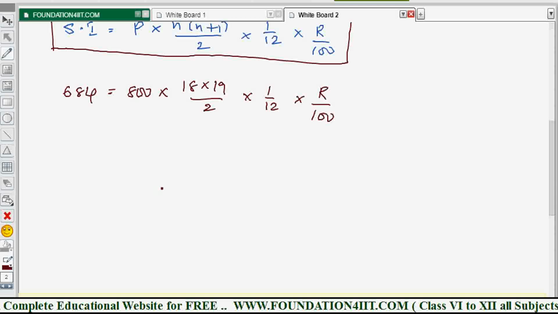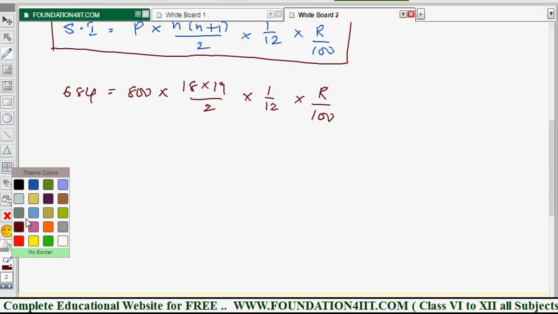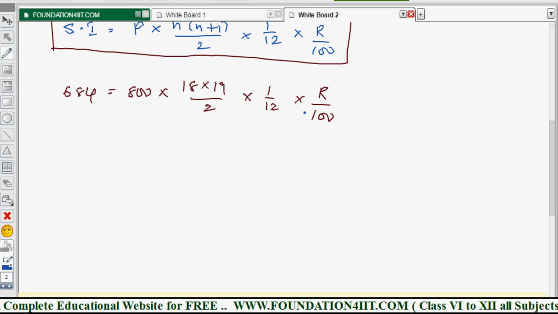Then cancel whatever is possible in this sum. 100 ones are 100, 8 twos are 16, again 2 fours are 8, 4 threes are 12. The 3 table is there, 3 ones are 3, 3 twos are 6. Cancel everything which is possible.